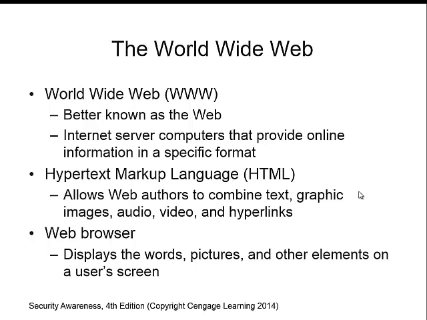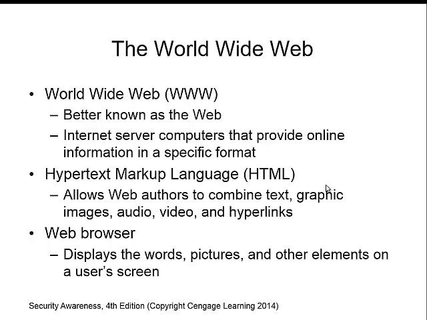The World Wide Web, or WWW, as it's better known, the web, is the server computers that provide online information in a specific format. One of those specific formats is HTML, or Hypertext Markup Language.